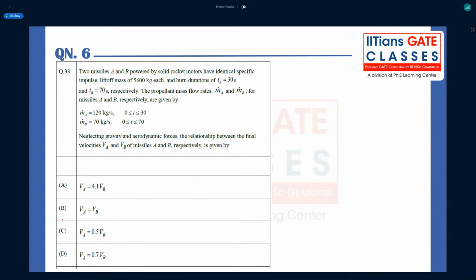The propellant mass flow rates for missiles A and B respectively are given by. So for missile A, they are given 120 kg per second. Missile B, they are given 70 kg per second. They are also given in the range of 0 to 30 seconds and 0 to 70 seconds. That means the entire burn duration has the constant mass flow rate of the propellant. So that is fine. So neglecting gravity and aerodynamic losses, the relationship between the final velocities VA and VB of missiles A and B respectively is given by.